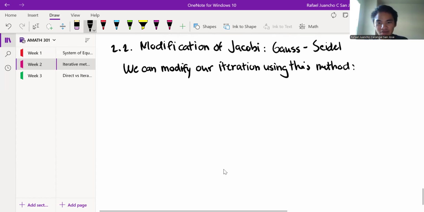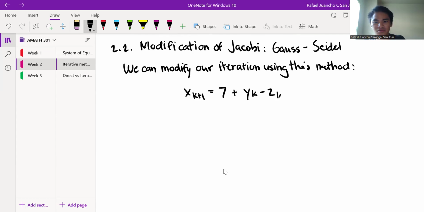Okay, I'm just gonna write it out. Okay, so xk plus 1 is 7 plus yk minus zk over 4. So no modifications there. Yk plus 1 is equal to 21 plus 4x.